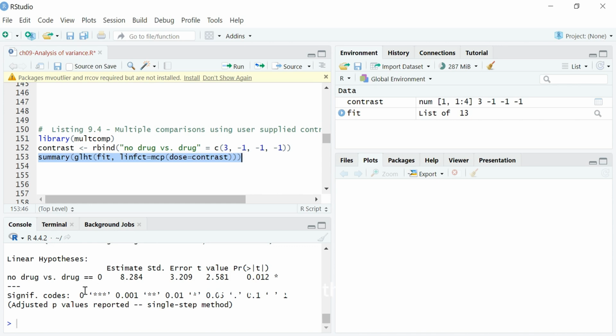To say it again, the conclusion is that the mean weight for the no drug group is relatively higher than the groups with drug dose after controlling the effect from gestation time. So this is the pairwise comparison in ANCOVA.